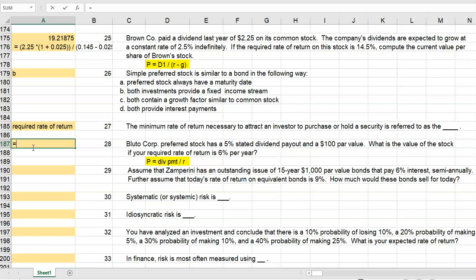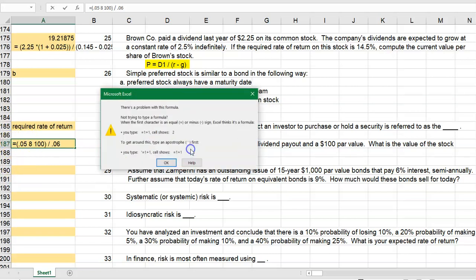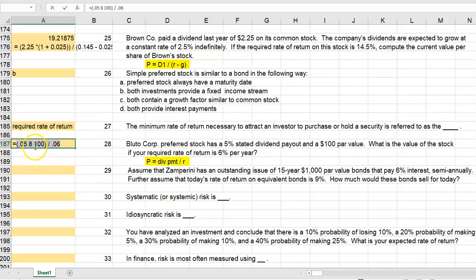How much am I getting paid? 0.05 times 100, divided by 0.06. What did I do wrong? Oh, shoot, I keep hitting the 8th instead of the shift. All right, 83.33. Again, if you use the round function, it'll drop all those others off just right.